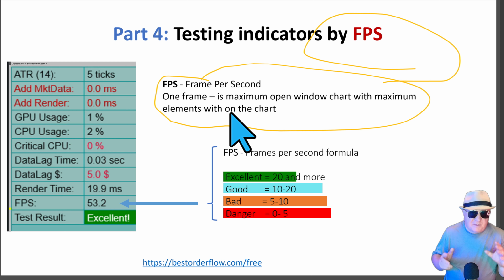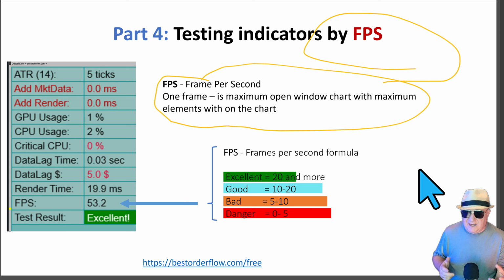The more frames per second your CPU can render, the better. When frames per second is 20 and above, it is excellent. We still have room for our processor. When the frames per second is about 10 to 20, then it is a good situation. We still have room, but we need to be a little bit cautious about it.